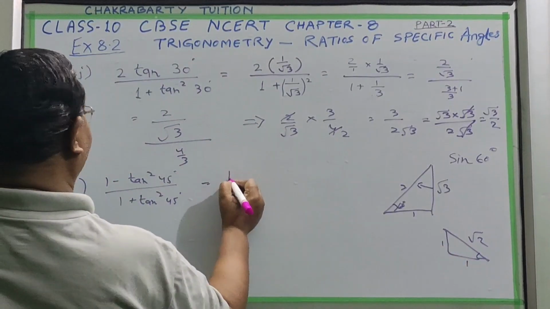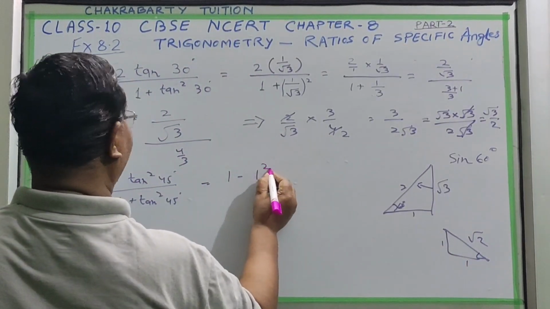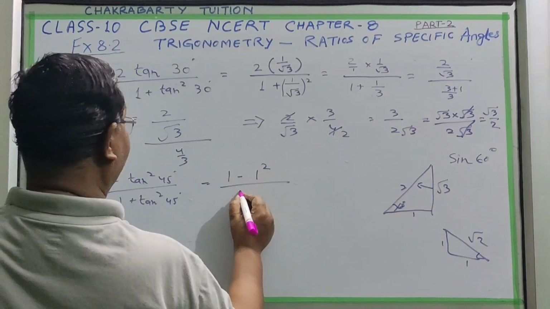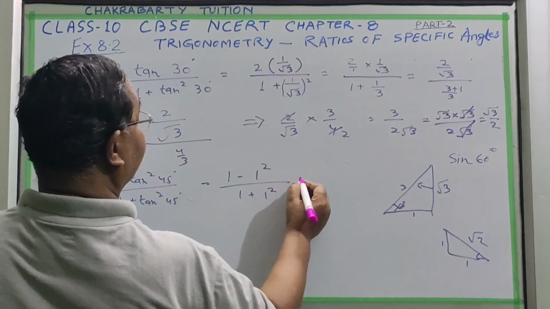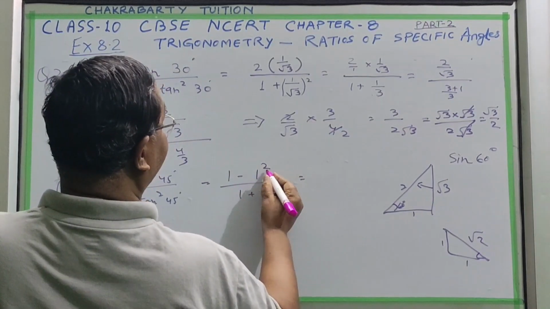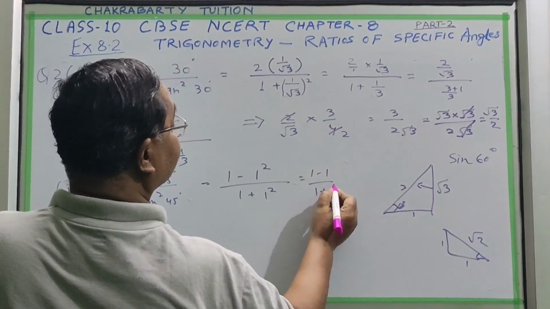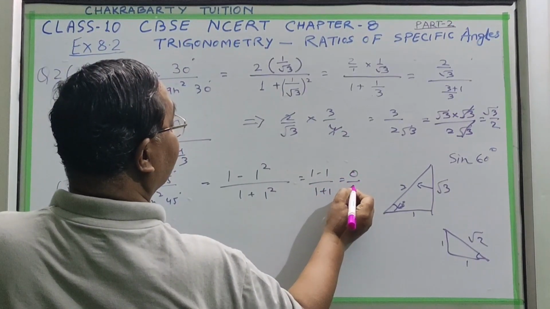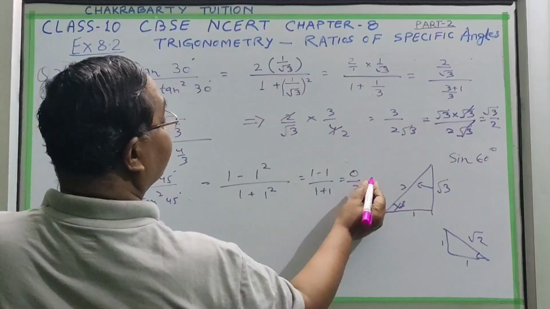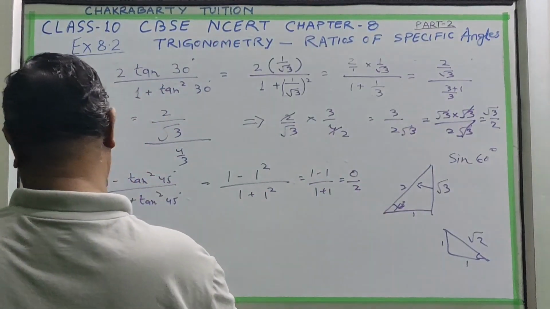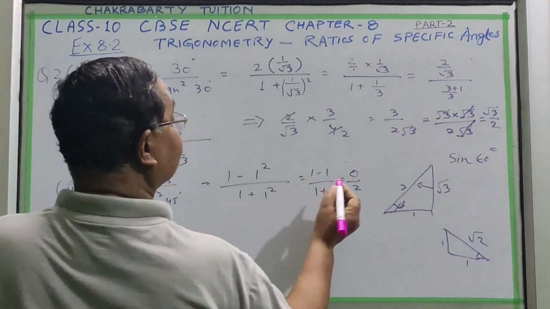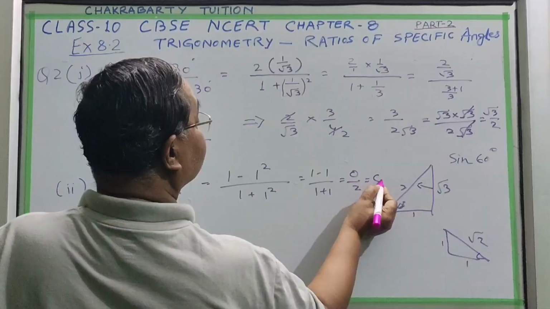So we will write 1 minus 1 square upon 1 plus 1 square. So it will become 1 minus 1, and here 1 plus 1, equal to 0 upon 2. So 0 upon 2, the answer is equal to 0.